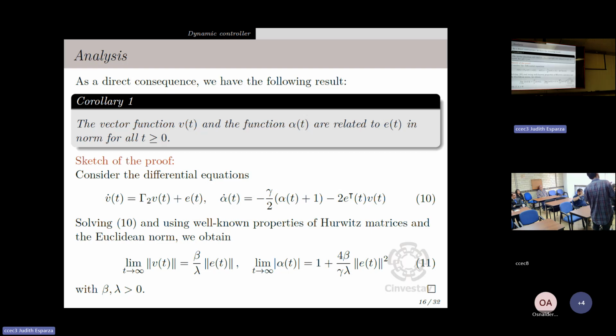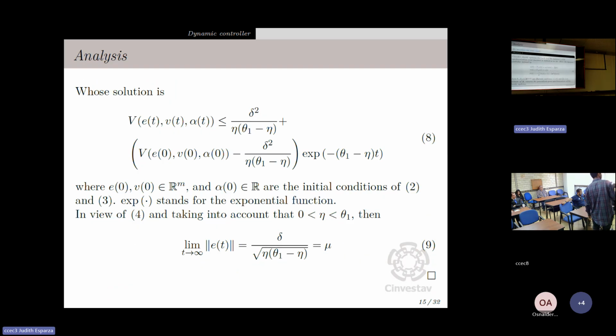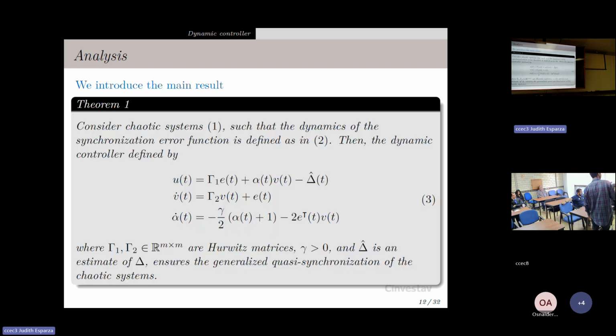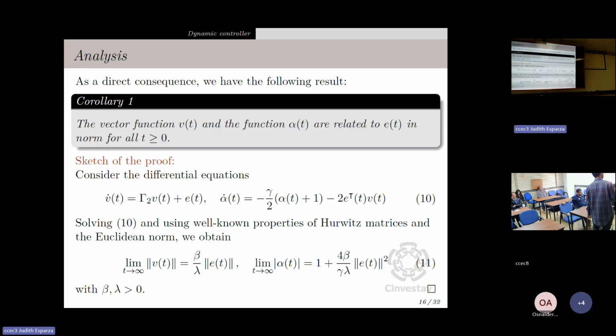And from the theorem, we have a direct consequence, a corollary. All the functions in this dynamic controller are related to the norm of the error function. All the details are in the paper.